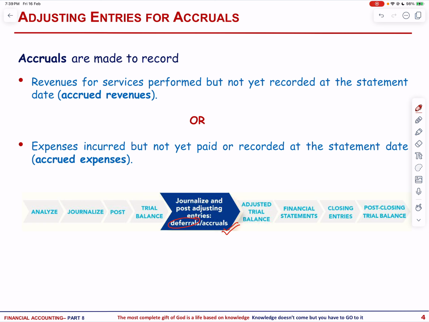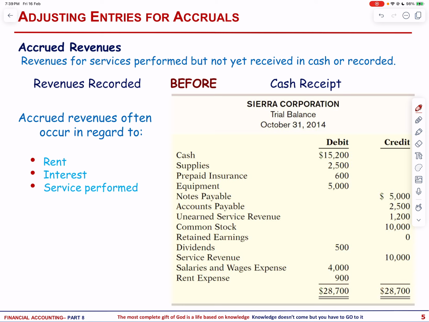Accruals can arise from accumulated interest or services provided but not yet billed or collected. To rectify this, adjusting entries are made to acknowledge the receivable at the balance sheet date and the revenue earned during the period. Before adjustment, both assets and revenue are undervalued.